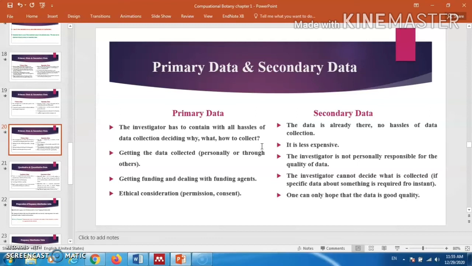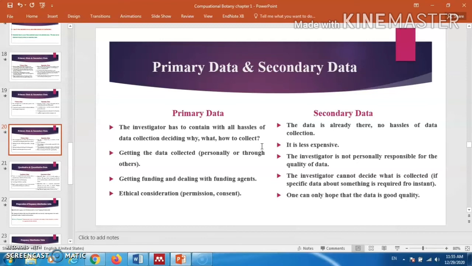After that, how to go to that area? By bike, by bus, or by personal vehicle, whichever is convenient to go there.